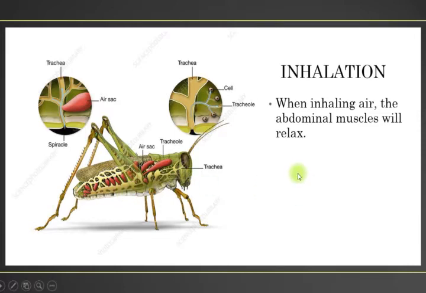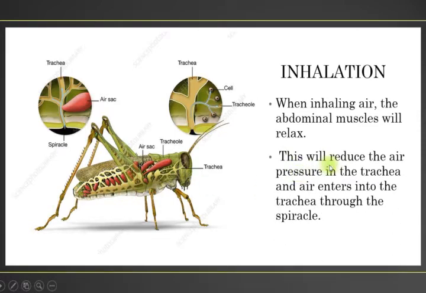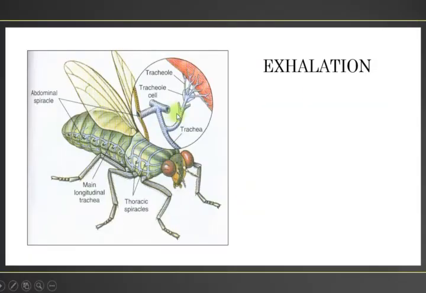This will reduce the air pressure in the trachea and air enters into the trachea through the spiracle. So now the air is forced into the spiracle and enters the trachea. That is referred to as the inhalation.